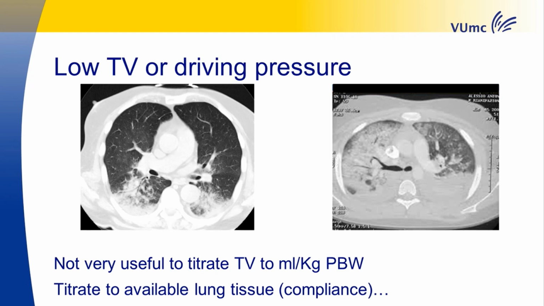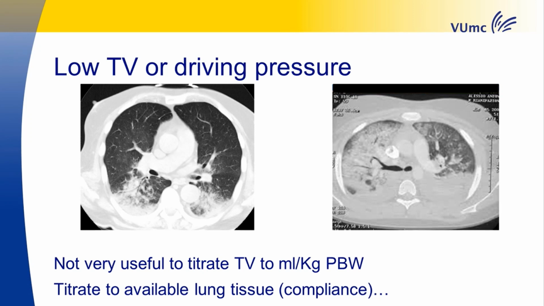But you can imagine in this patient, the 420 ml is distributed in this part of the lung, while in this patient, the 420 ml is probably distributed in this part of the lung only. So our criteria tell us 6 ml per kilogram predicted body weight is fine, but if you see these CT scans, it's probably not fine for this patient.